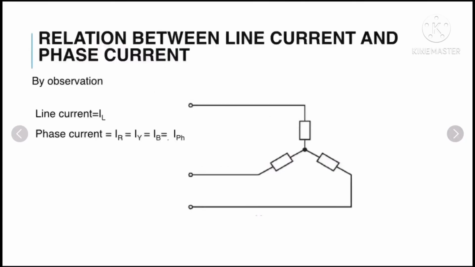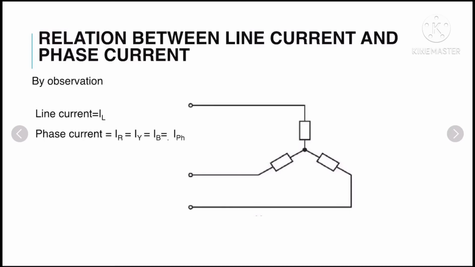Now we will move to the relation between line current and phase current. By observation only, if you see this diagram, I have told you before that this is your line part and this is your phase part.